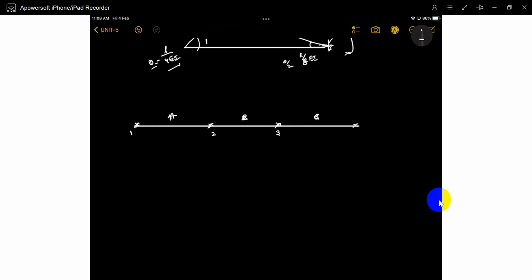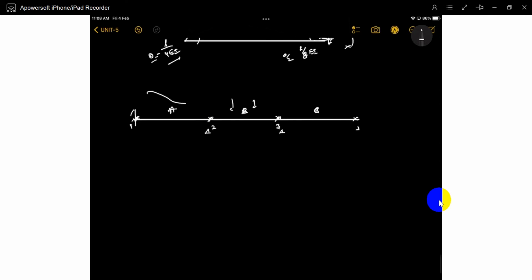If a load is applied, something like this, what did we do? For every element we calculated fixed end moments.